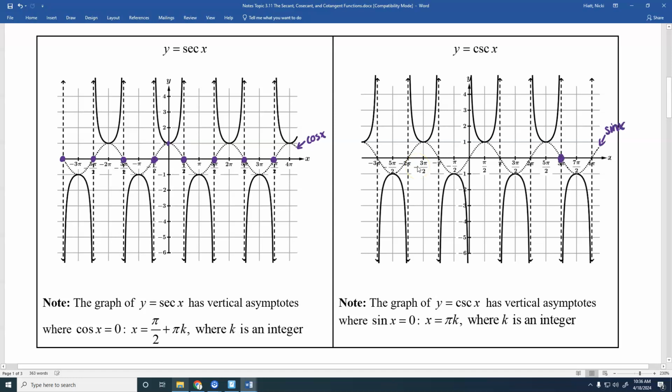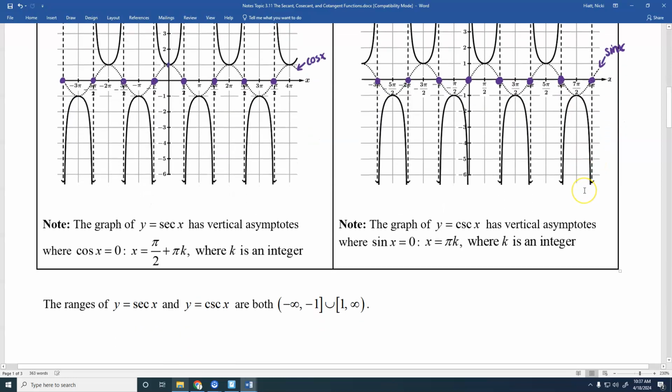And every time sine of x equals 0, what do we see on our graph of cosecant? Vertical asymptotes, right? So whenever you have sine equal to 0, that's where you're going to see vertical asymptotes. Those vertical asymptotes are going to be at pi times an integer, so like 1 pi, 2 pi, 3 pi, 4 pi, and so on.